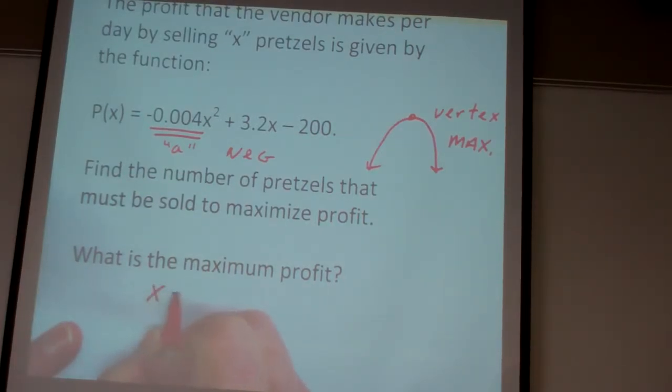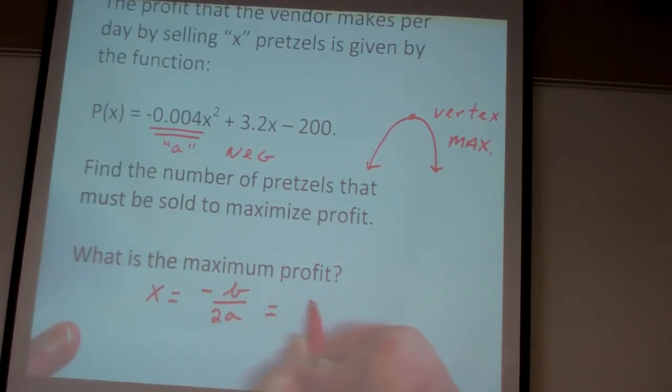So the x value is the opposite of b over 2a. In this problem, b is 3.2 over twice a, negative 0.004. Putting that into a calculator, we end up with our x value of 400.